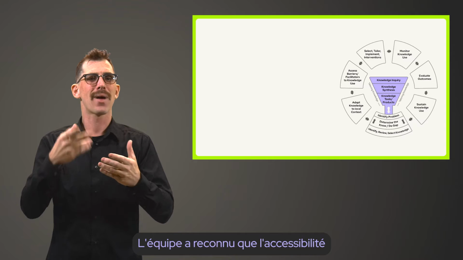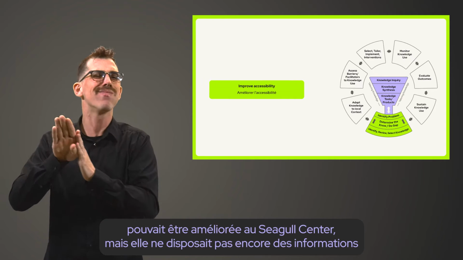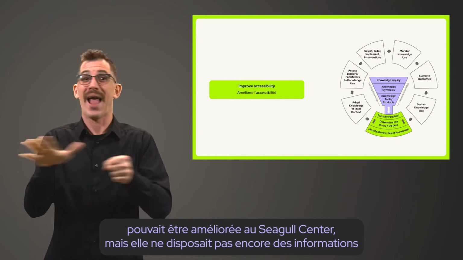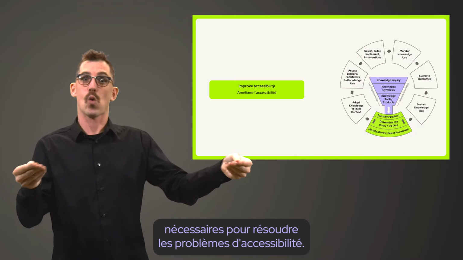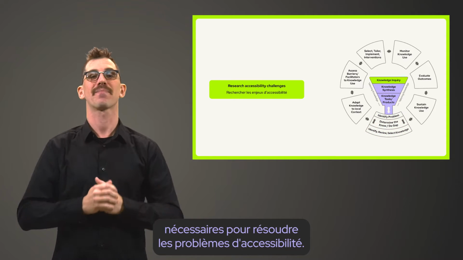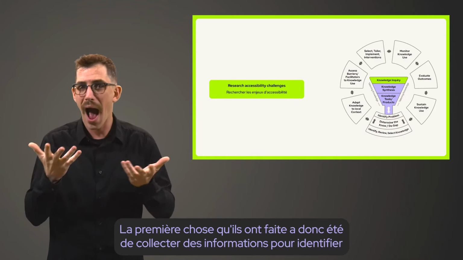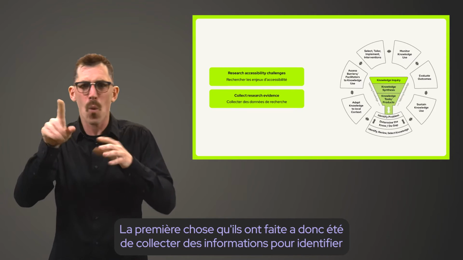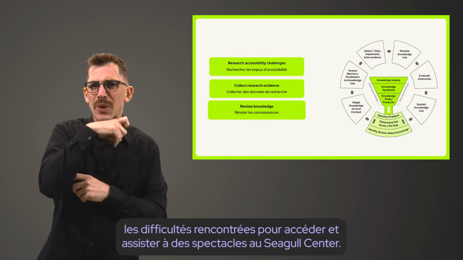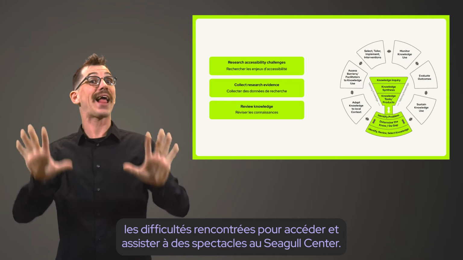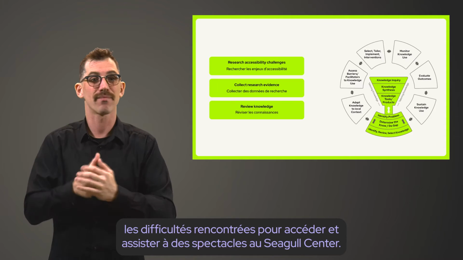The team recognized that accessibility could be improved at the Segal Center, but they did not yet have the information they needed to address accessibility challenges. So the first thing they did was collect information to identify the challenges in accessing and attending live performances at the Segal Center.